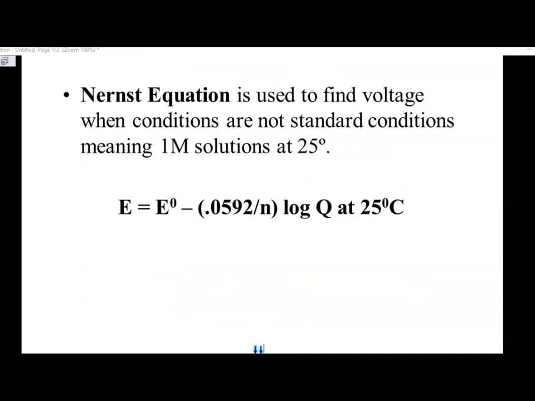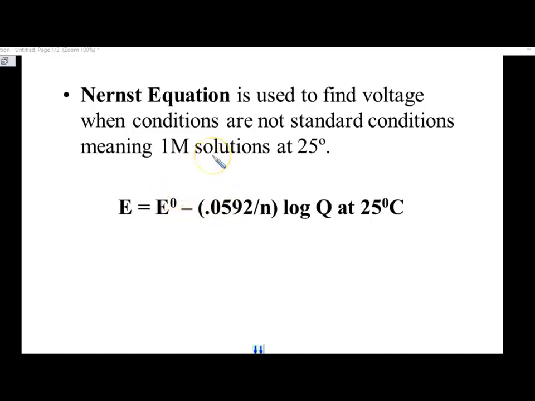The last part of today's lesson is known as the Nernst equation. The Nernst equation is used when our voltaic cell is not at standard conditions. When I say not standard, I mean when we've been putting the little degree sign, which is called the E naught.